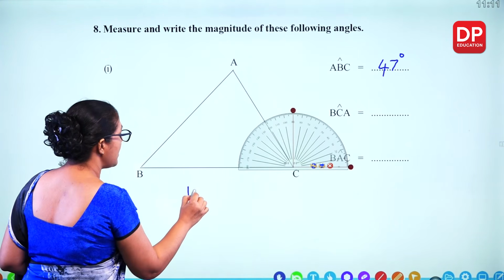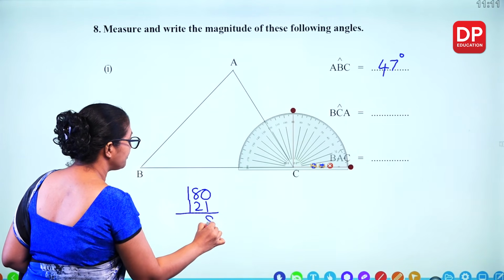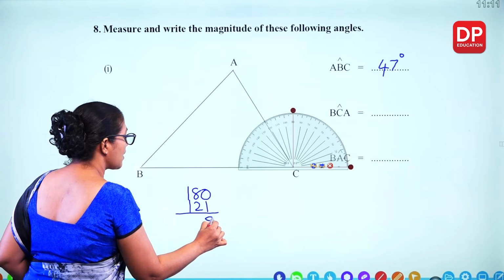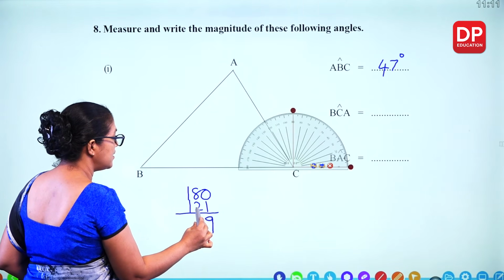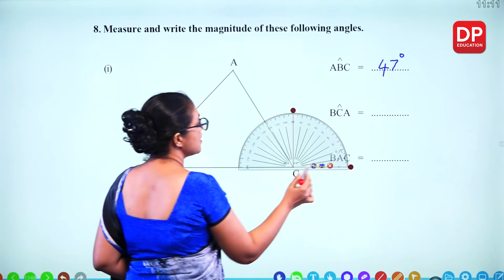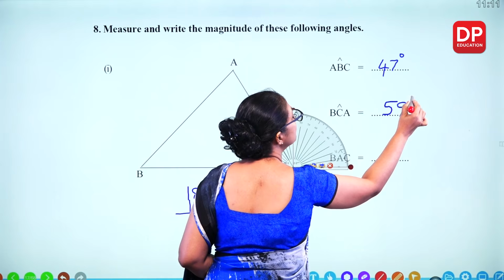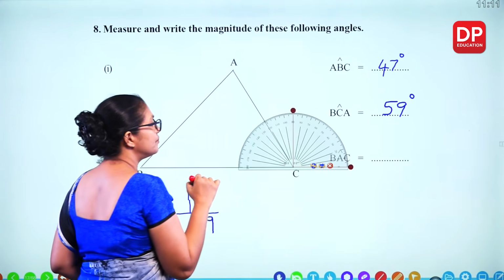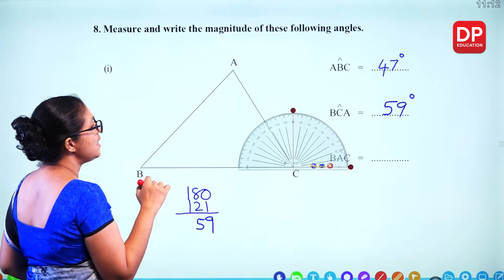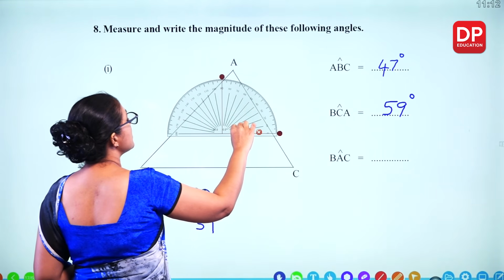121 means 180 minus 121, 59 degrees I'm getting here. And we'll measure BAC. How do we measure BAC? We need to rotate this.